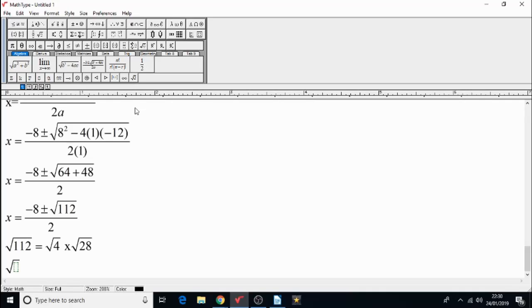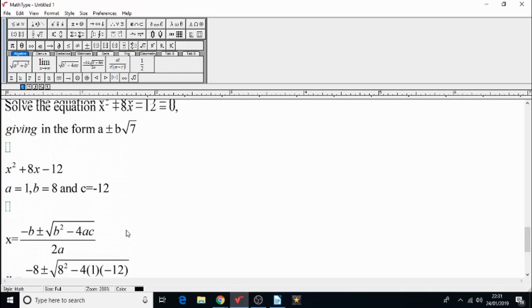We're not done. I'm going to split up 28 as well, because 4 also goes into 28, so you will see another square root of 4. Square root of 4 multiplied by, 28 divided by 4 is 7, so square root of 4 multiplied by square root of 7.